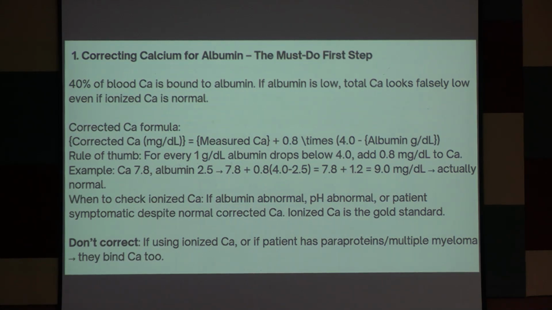Have you seen the ABG report, the arterial blood gas report? There you will see the calcium, and that calcium is the ionized calcium. We measure it only when there is an abnormal pH, abnormal albumin, or the patient is symptomatic.